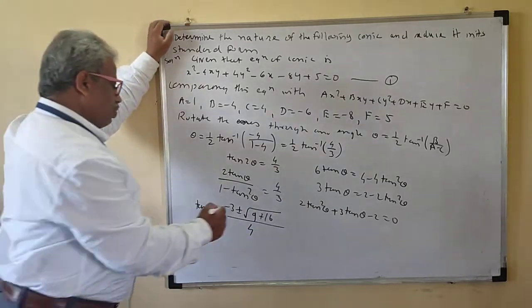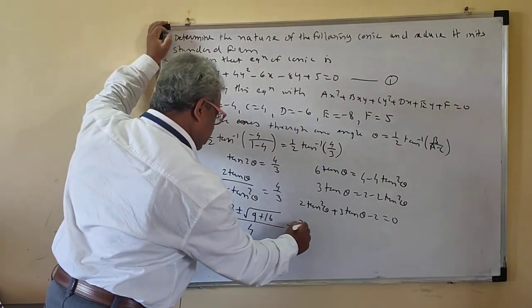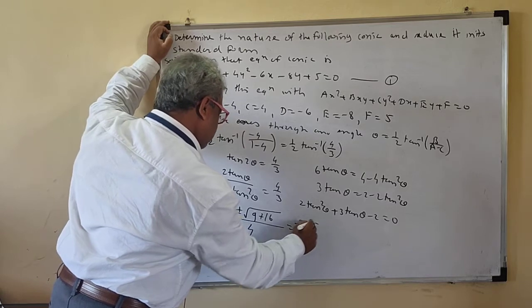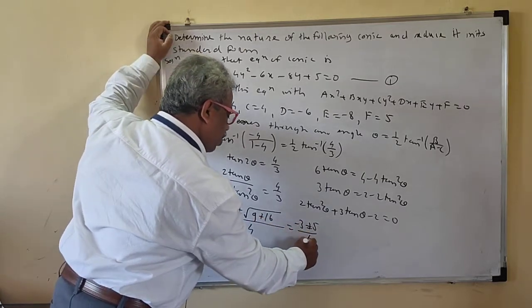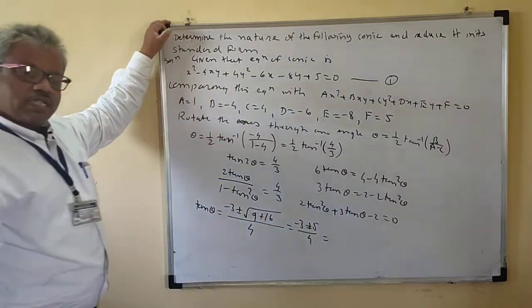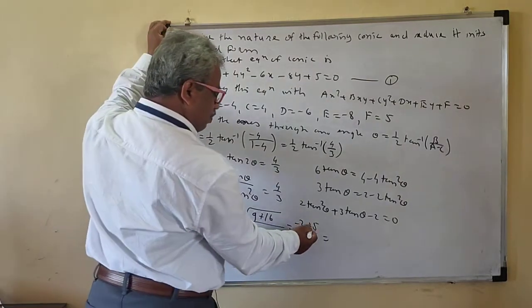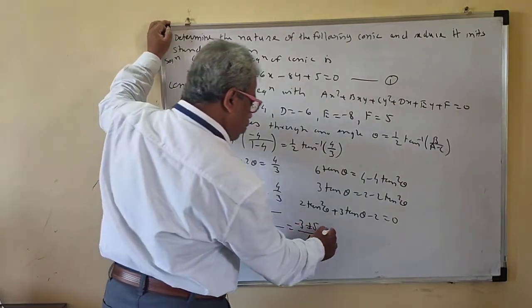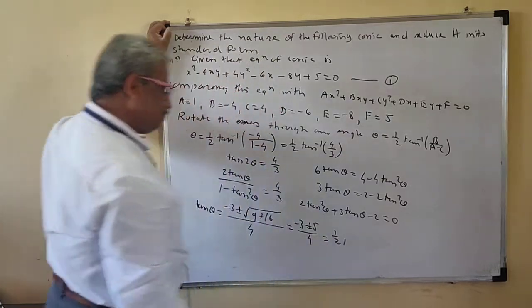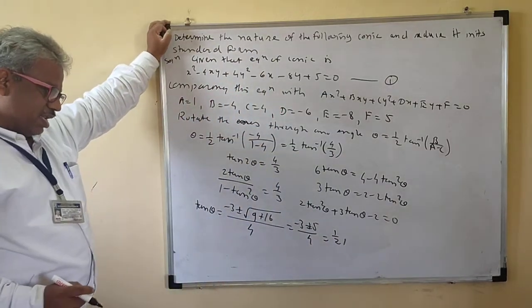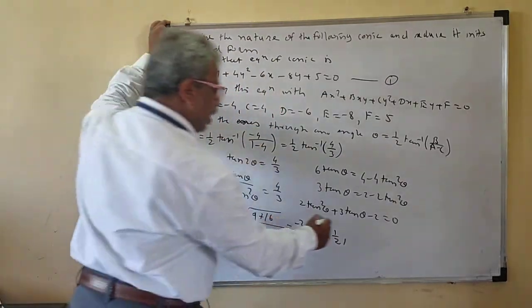So 9 plus 16 is 25, root is 5. This is minus 3 plus or minus 5 upon 4. If you consider the plus sign, then minus 3 plus 5 is 2/4, so this is 1/2. If it is minus 8 upon 4, so this is minus 2.